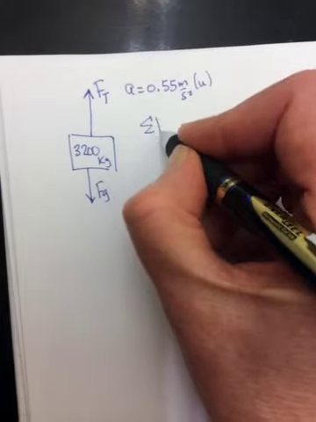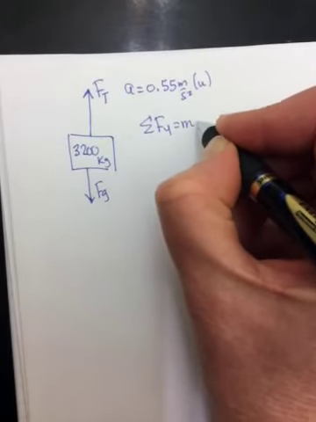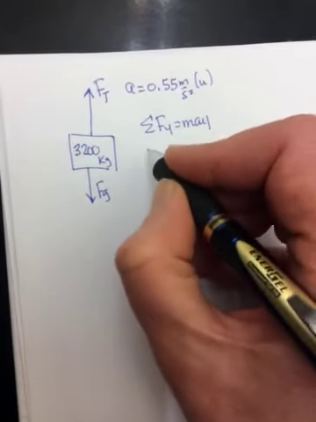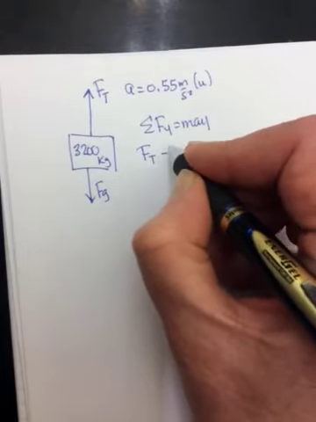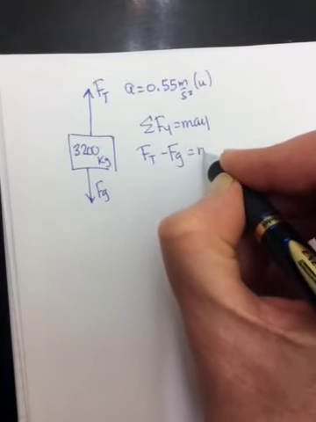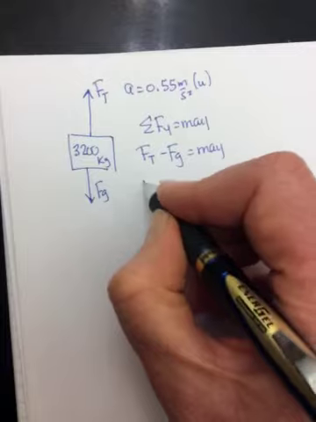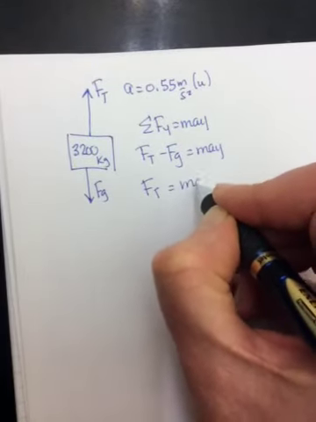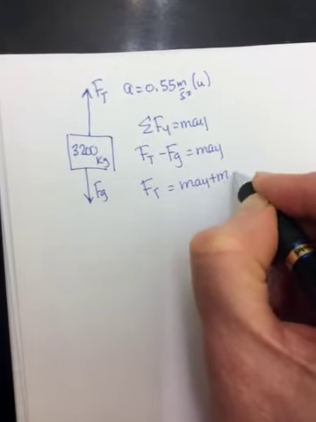Well, this time you just do the sum of the forces in the y, and it's not going to be zero. So it'll be Ft minus Fg equals may, and you're solving for Ft. So Ft will just equal may plus mg.